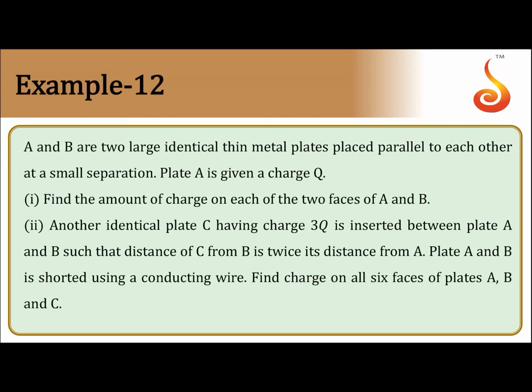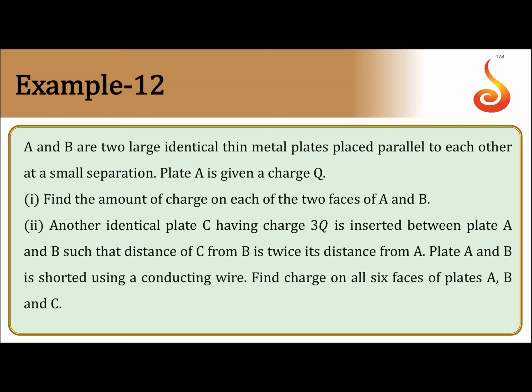Now A and B are two large identical thin metal plates placed parallel to each other at a small separation. Plate A is given a charge Q. First part, find the amount of charge on each of the two faces.